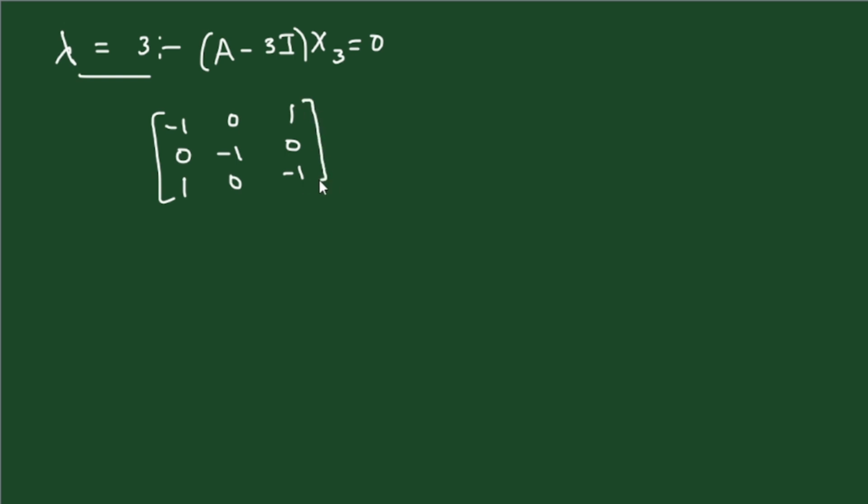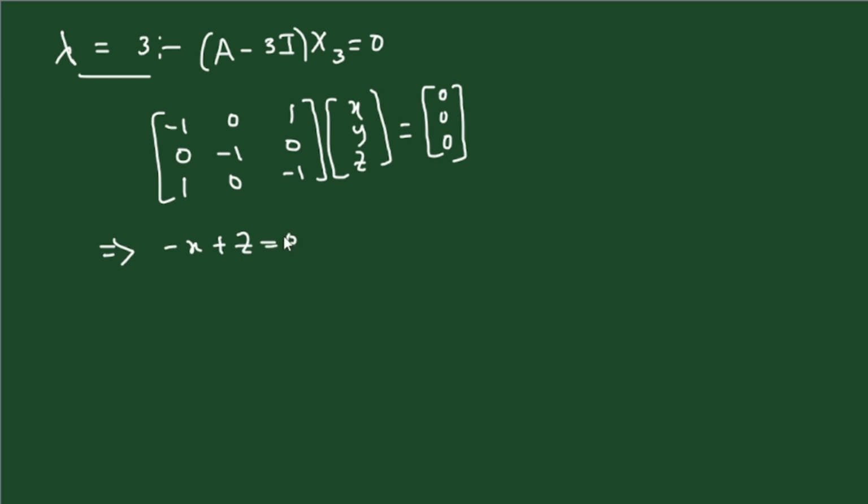Because all diagonal entries are 2, 2, 2, when you subtract 3, you will get minus 1, minus 1, minus 1. So what are the equations? Minus x plus z equal to 0 implies x equal to z. From the second one, it is minus 1 into y equal to 0, which results in y equal to 0.